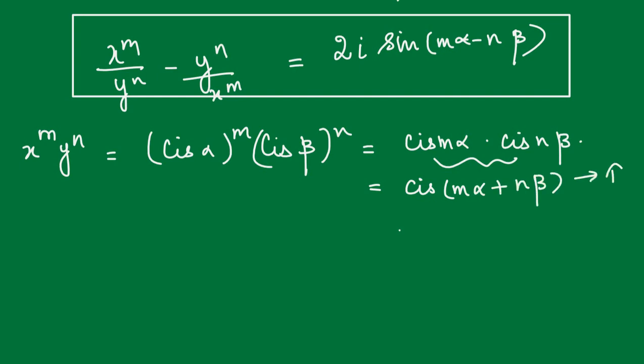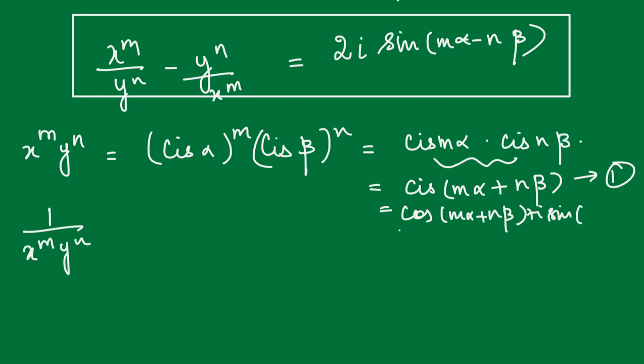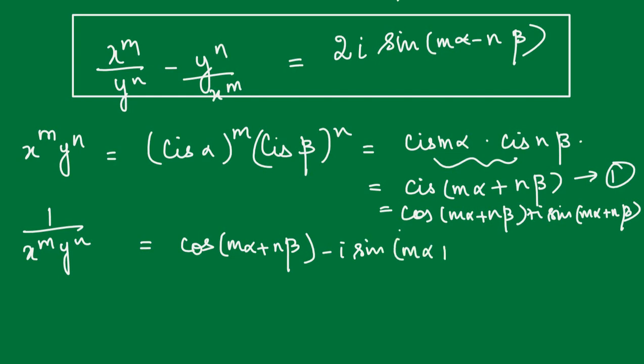This is equation number 1: cos(mα + nβ) plus i sin(mα + nβ). Next we want 1 by x^m y^n. When I take the reciprocal of this value, it is cos(mα + nβ) minus i sin(mα + nβ).